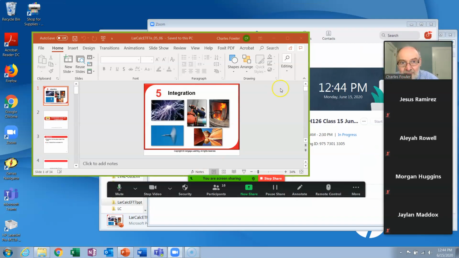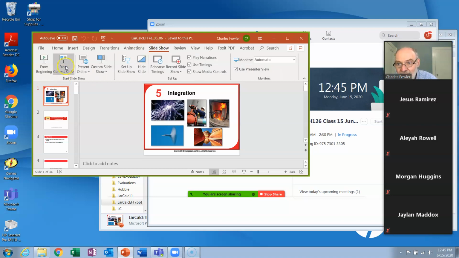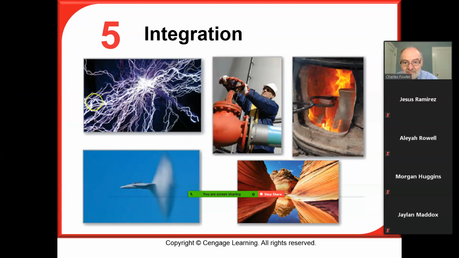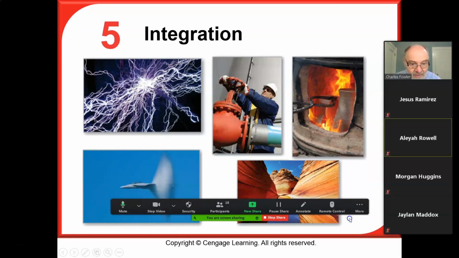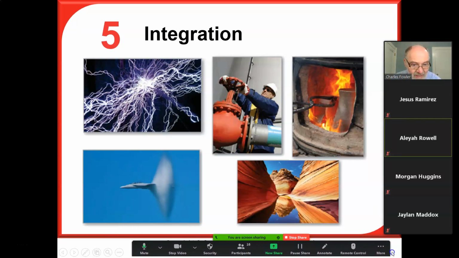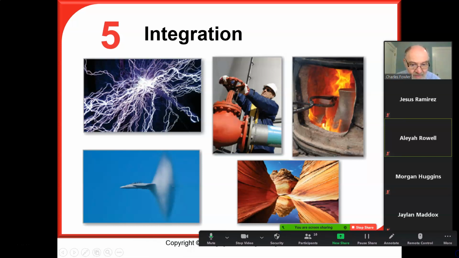Yep, that looks like it. Well, there we go. From current slide. Well, yeah, do you see this slide now? Integration? Yay or nay? Yes. Okay, so let me get this taskbar out of the way. You can't see, but it's in my way. So I'm going to scroll it way down here.